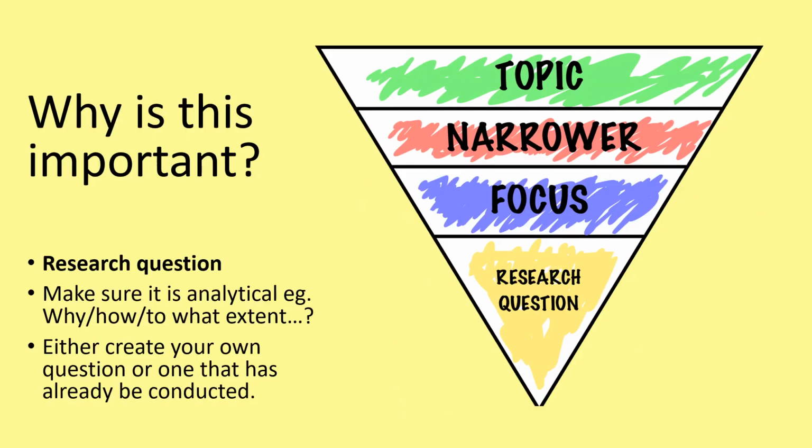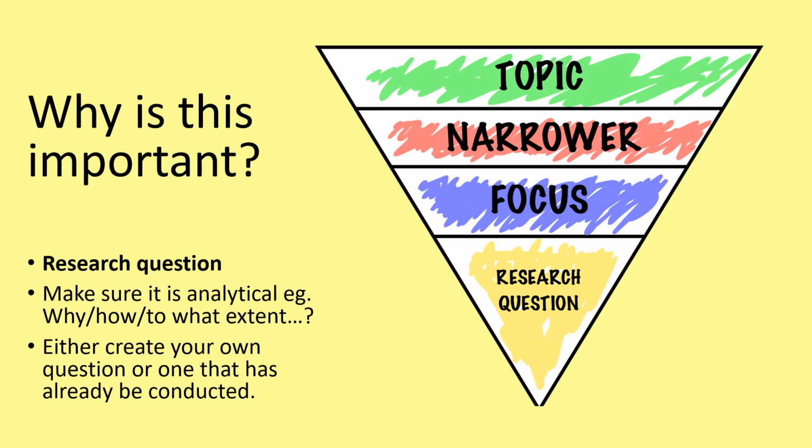When you're forming your research question, you need to start with a topic and then have a look what's available to you in terms of your resources and start narrowing down your topic to a research question.